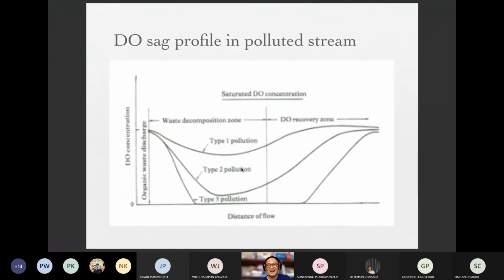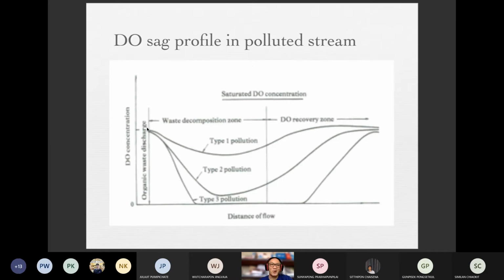So the dissolved oxygen, just think about the river. This is the point of this chart: if the waste is discharged at this point, the waste contains a certain amount of organic substance.